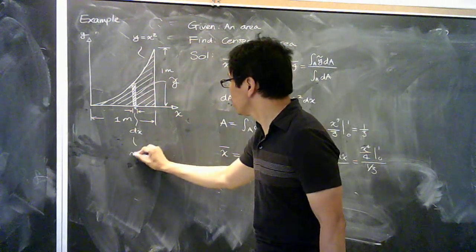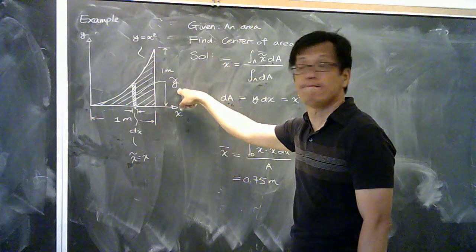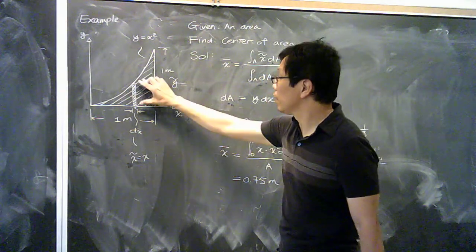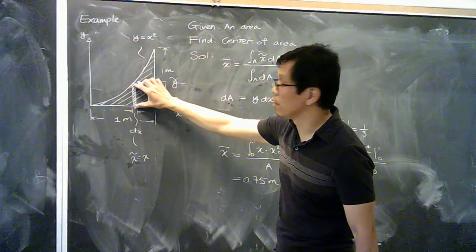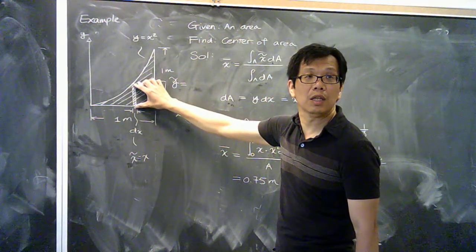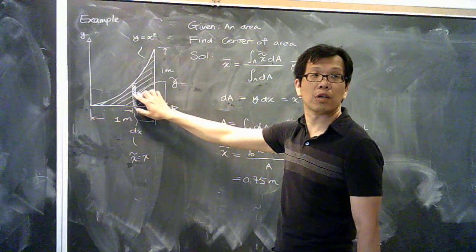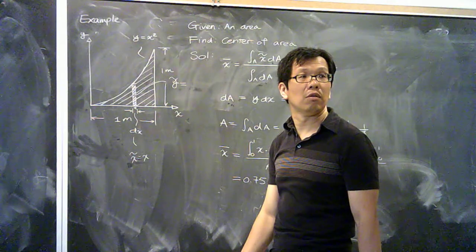Over here, x tilde equals x. Well, y tilde equals what? The center of area of this piece. Can anybody tell me where the center of mass should be located?